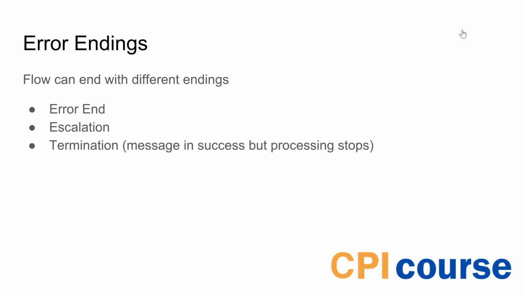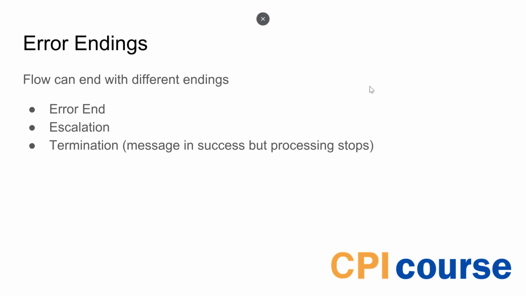There's an error end, which will just terminate the message and say that it is terminated. There's an escalation, where you can give some explanation and say that this is escalated because we're missing some data. And there's the termination, which will terminate after it has stopped processing.